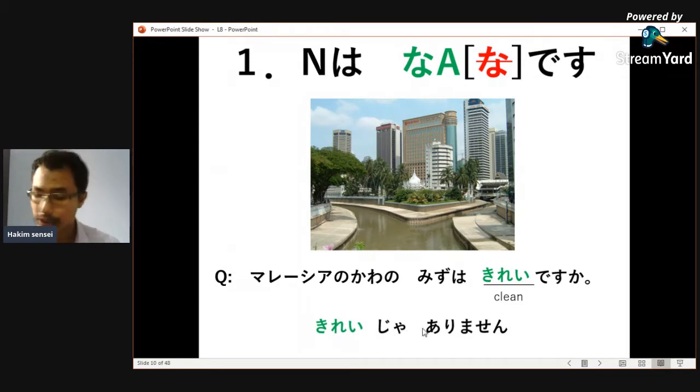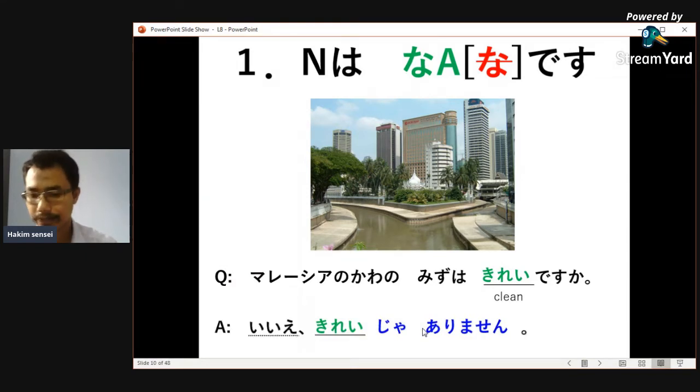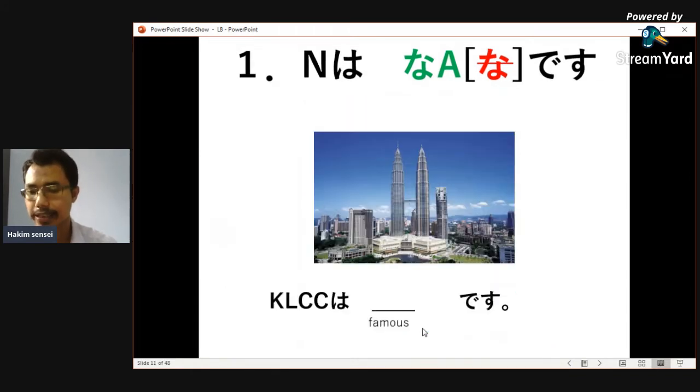For the word itself you don't need to do anything. Kirei ja arimasen. So ja arimasen is the negative form for na-adjectives. And of course before kirei ja arimasen you need to say iie. Iie, kirei ja arimasen. Okay, so that finishes the negative form for na-adjectives.